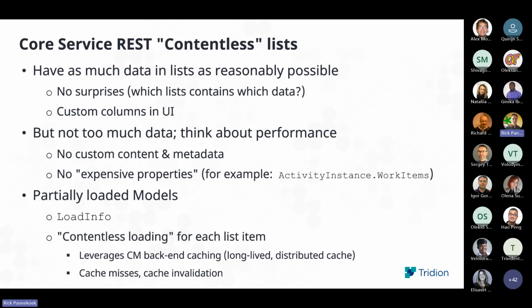It definitely helps a lot, but it doesn't solve all the performance issues, and you will still have cache misses, if only because of cache invalidation. So it's not ideal from a performance perspective.